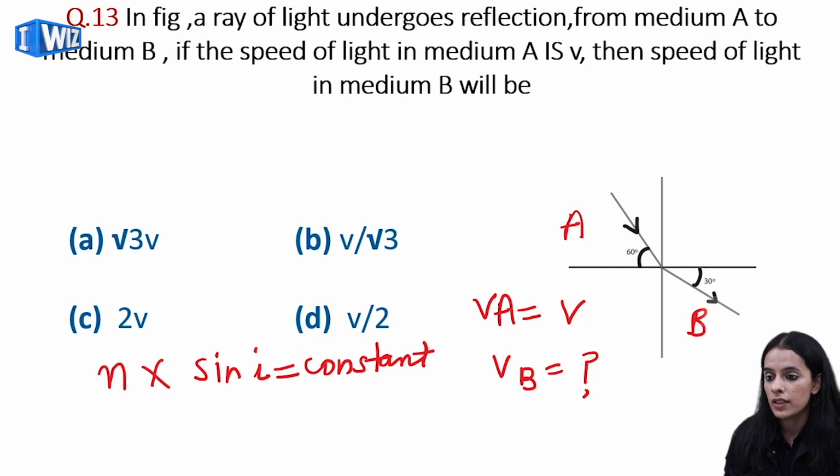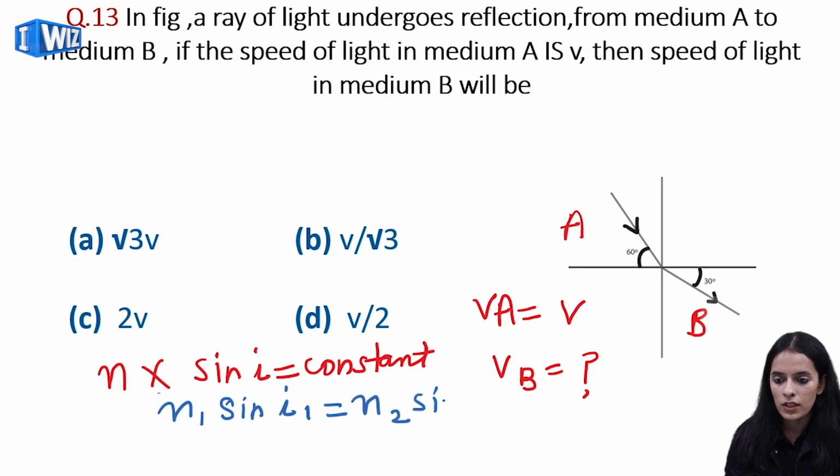Okay, so we can apply it for two media. Here we are taking two media, one is air and the second one is, let's say, a denser medium, let's take water. For two media it will go like this: N1 sine I1 is equal to N2 sine I2, because we are taking it as constant.